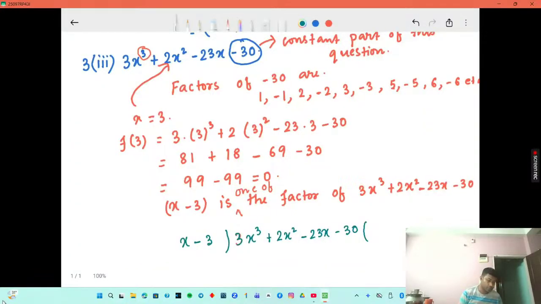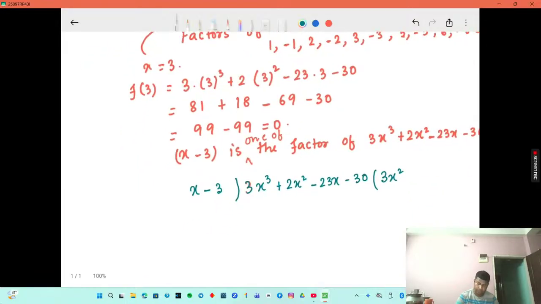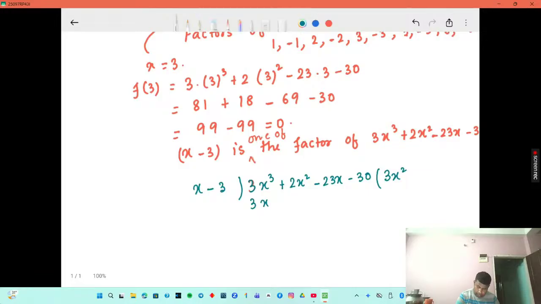So first, 3x square. So 3x cube minus 9x square, minus and here plus. So 11x square minus 23x.